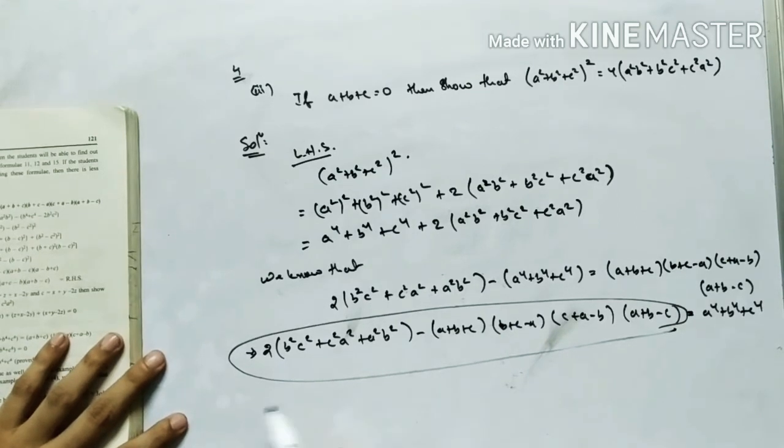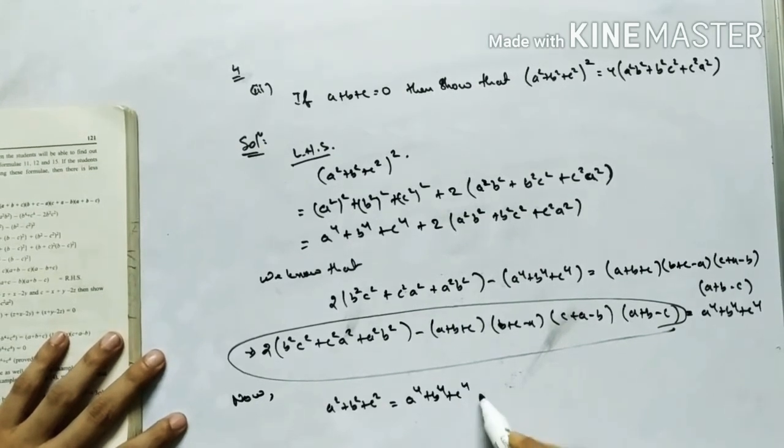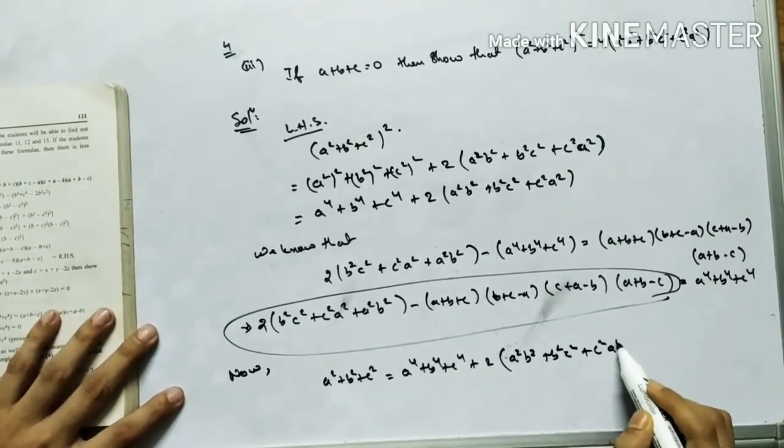Okay, so now again I will write (a square plus b square plus c square) the whole square. This is equal to what I got: a4 plus b4 plus c4 plus twice (a square b square plus b square c square plus c square a square). Yes.